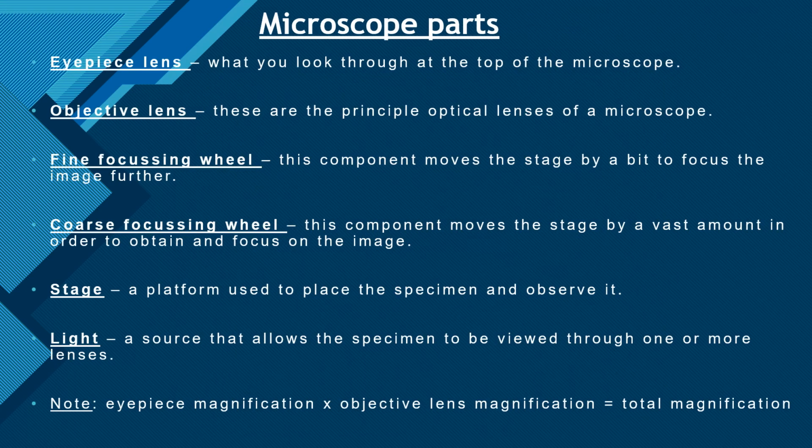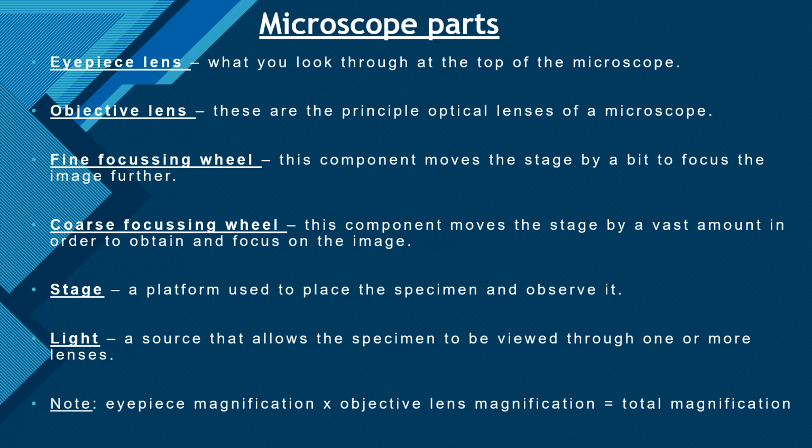Okay, so these are the microscope parts. According to what we've just seen, there are functions for each of those microscope parts, and it's really easy to remember them. The eyepiece lens is simply what you look through at the top of the microscope. The objective lens is the principal optical lens of a microscope.